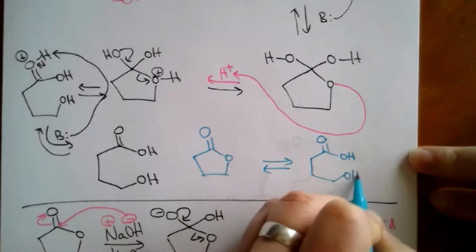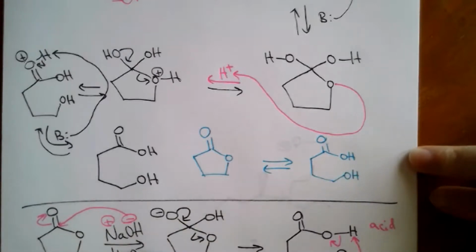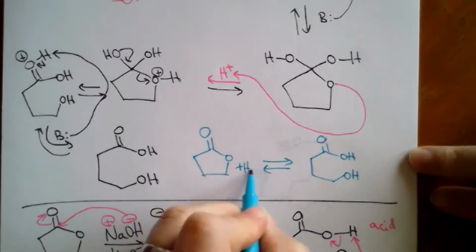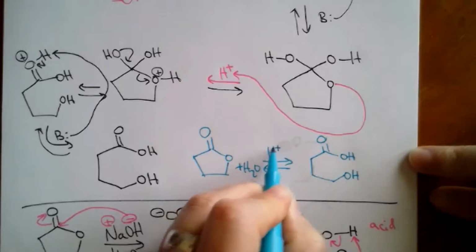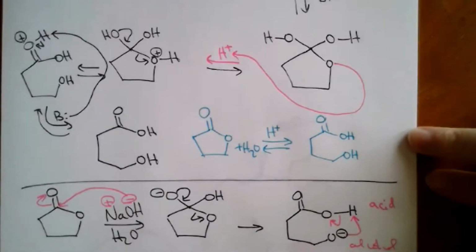We called this reaction hydrolysis, and we added a bunch of water in order to do our hydrolysis. So the hydrolysis of an ester in acid, completely reversible. Le Chatelier says if you add tons of water to this reaction mixture, you're going to favor formation of the products because water is a reactant.